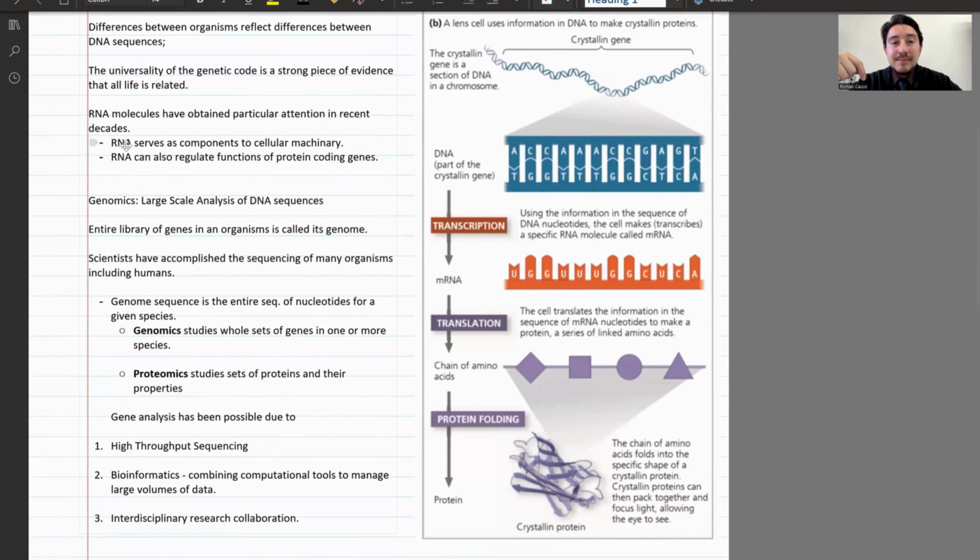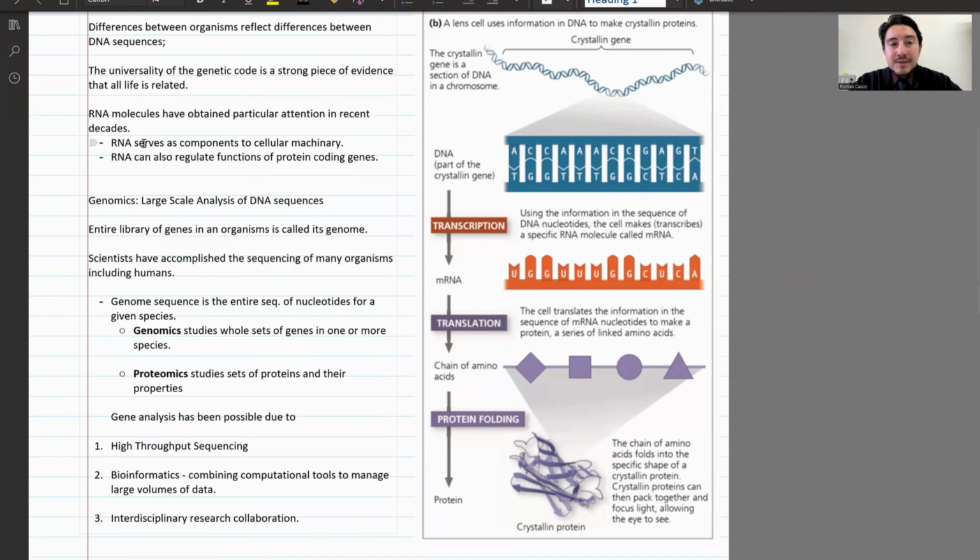Going into a little bit of detail with RNA, RNA molecules are especially important in recent times and in research. RNA is a single-stranded nucleic acid, and it serves as a component of an organelle called the ribosome, which is where the machinery to create the protein is located.